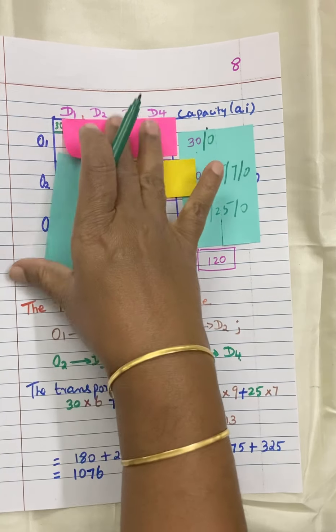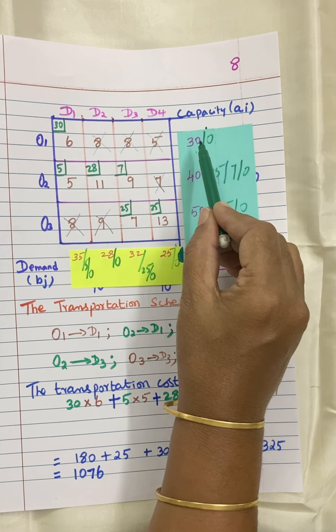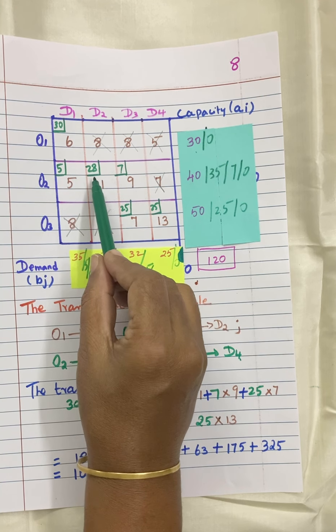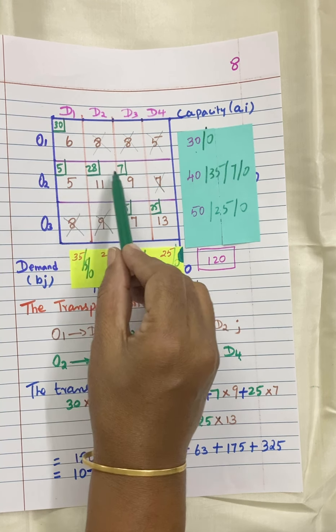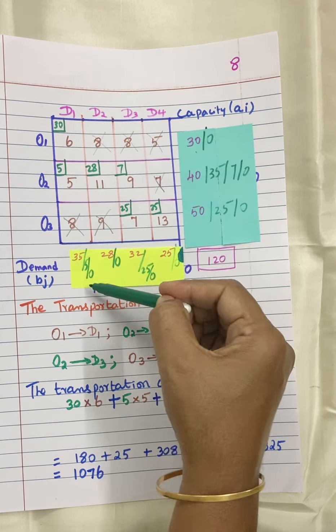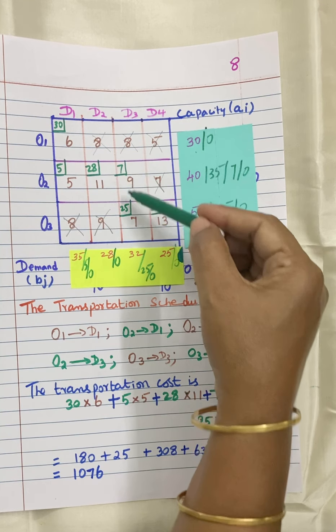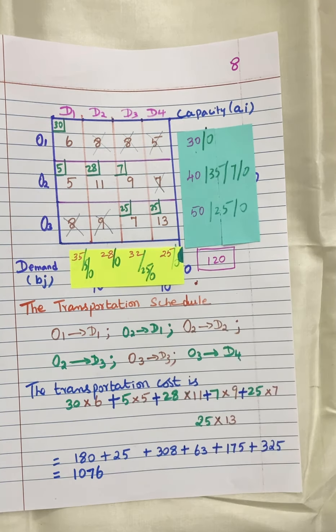Okay. See? Now we'll check whether our answer is correct. 30 capacity. Here 28, 35, 40. Here 50. Here our demand is 35, 28, 32 and 25. So our problem is correct, what we have done.